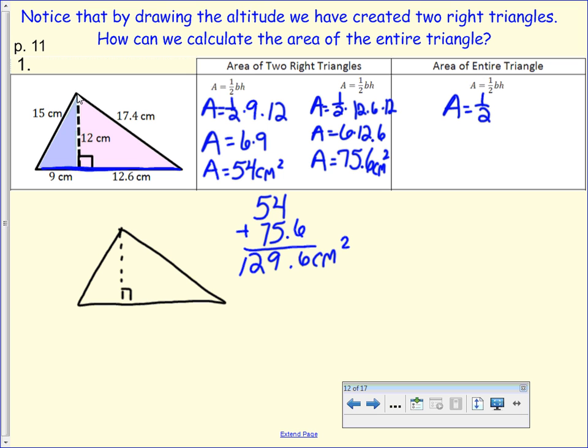It would be 21.6. Yup. What's the height? 12. Yep. Again, let's make smaller numbers. 1/2 of 12 is 6 times 21.6. Use your calculators.